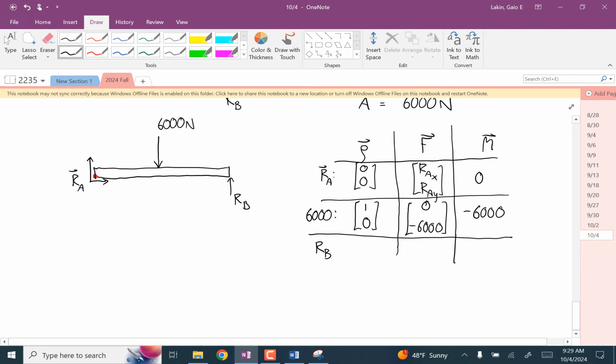And then the force RB, again, that's vertical, so the height doesn't matter. So I'm just going to write this as 2, 0. The force is 0, positive RB. And so the moment is 2 RB.